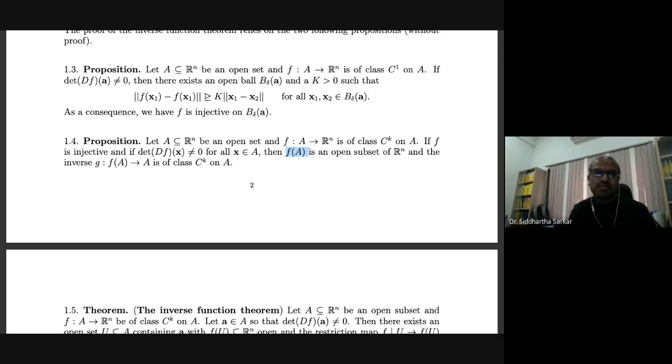See, if we make it less than or equal to, then you won't be able to conclude immediately that your G is continuous. Yeah, I think this is correct. So there is no problem.